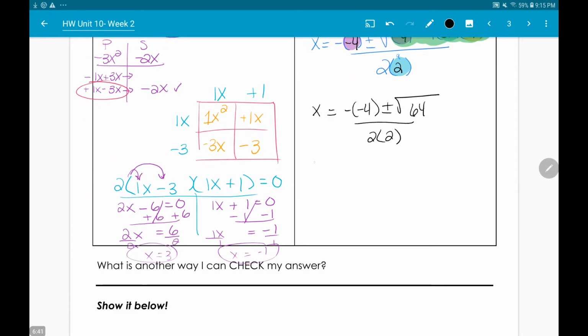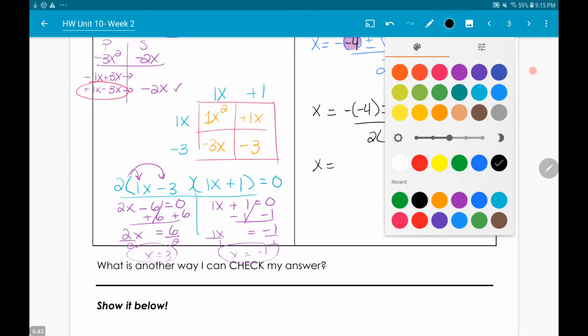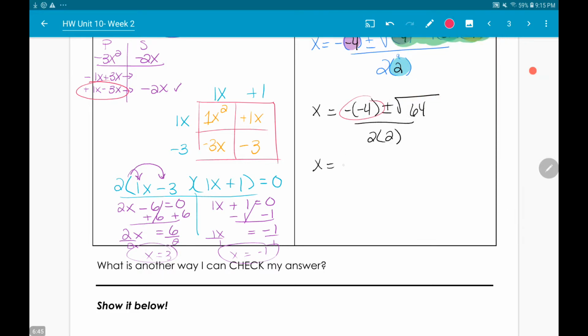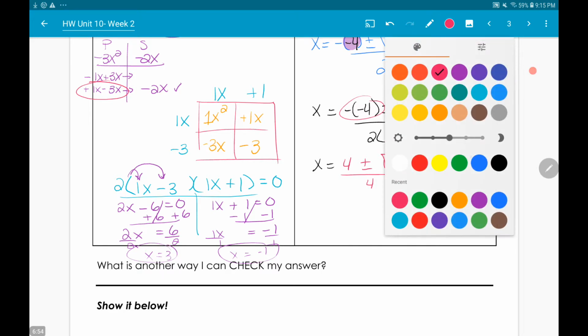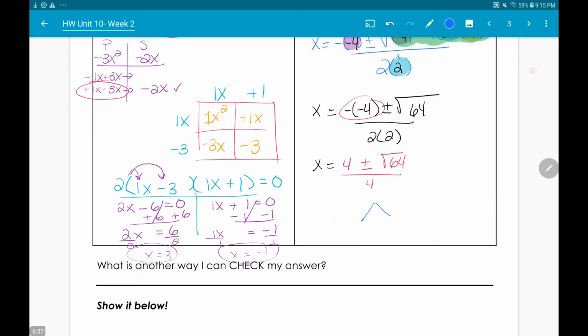Okay, now we'll simplify everything else. 4 plus or minus 64 divided by 4. Split it up. 4 divided by 4 plus 64 divided by 4. And then the minus. Oop. Making a lot of mistakes in this one.